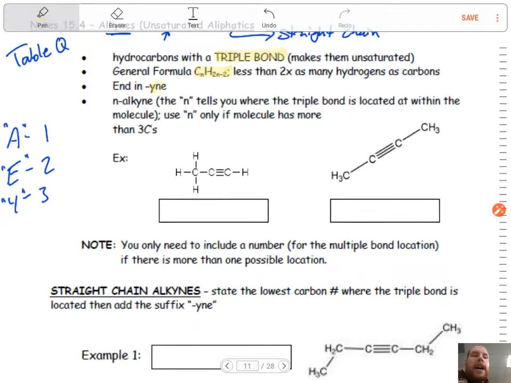They end in the suffix "-yne", and just like alkenes, the number in the beginning tells us where the triple bond is, if there's more than one location for it. The number is only needed if the molecule has more than 3 carbons. If there are 2 or 3, there's only one possible place for it.